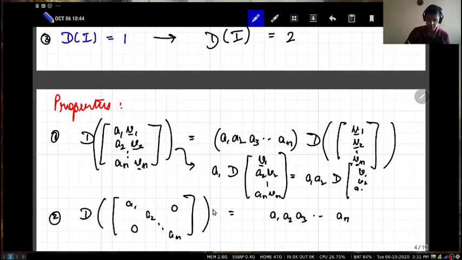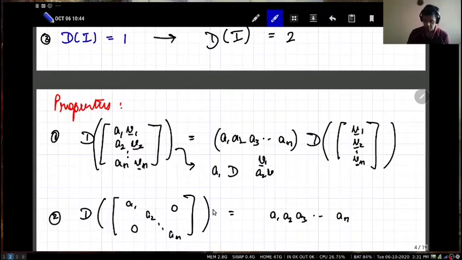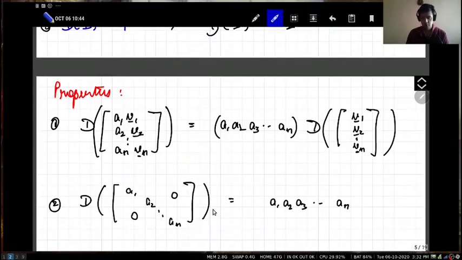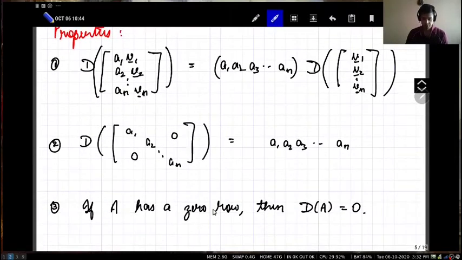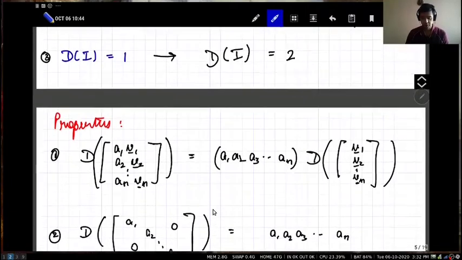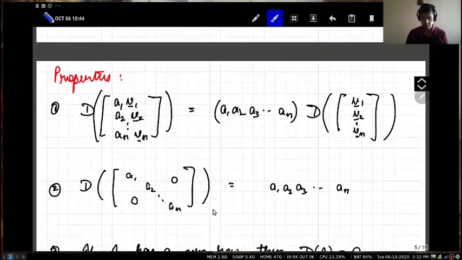So it is basically an iterative application of the n-linearity property. Okay, so that's how you show property 1, and as a consequence of property 1, we have that D of any diagonal matrix is the product of the diagonal elements. And that follows from property 1 and the property that D of the identity matrix is equal to 1.